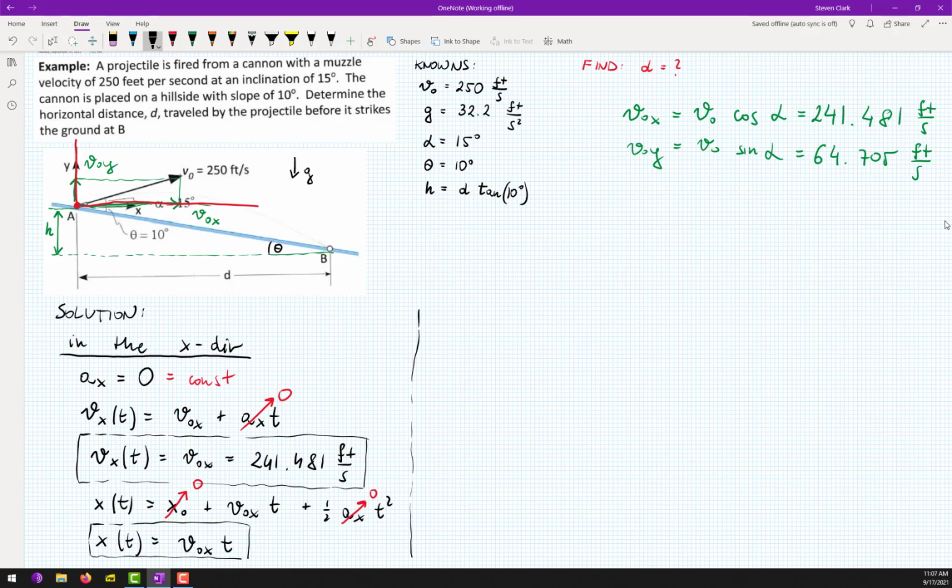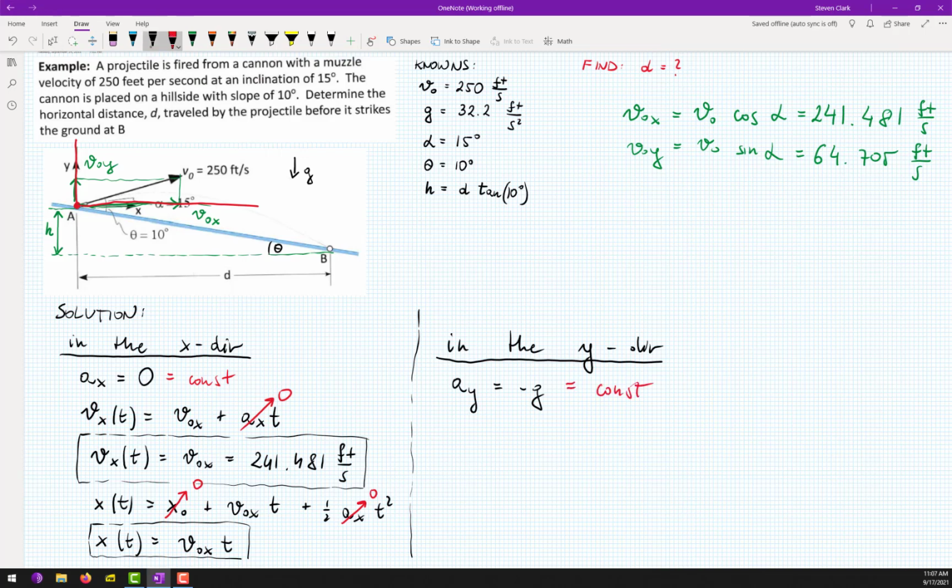Any questions about what happened? I'm asking because the next steps are exactly the same in the y direction. Again, ay is equal to minus g, and what's more important is that this is constant.